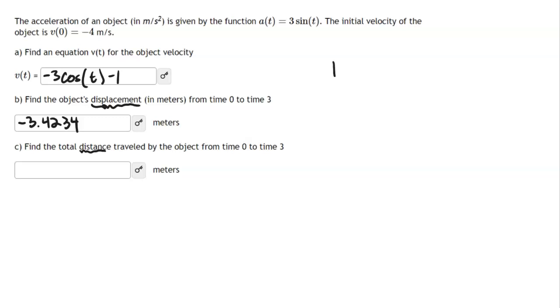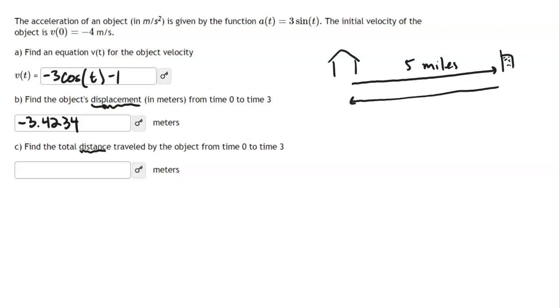Imagine you're driving somewhere away from home, maybe going to work in some building. If I drive 5 miles in one direction, then that's a displacement of 5 miles. And then if I drive 5 miles back, technically we're going a displacement of -5, so we end up back in the same spot. 5 and -5 is a total displacement of 0.